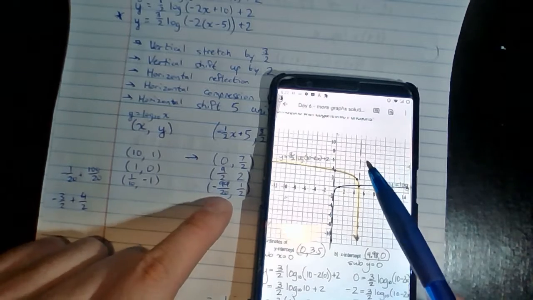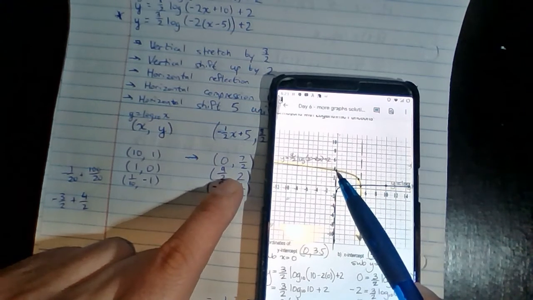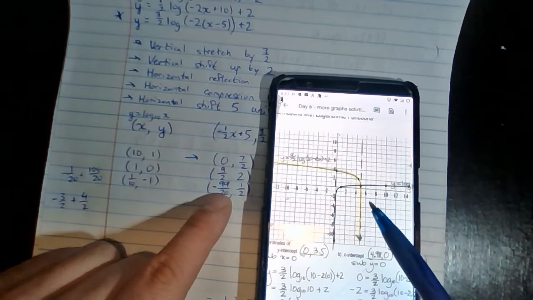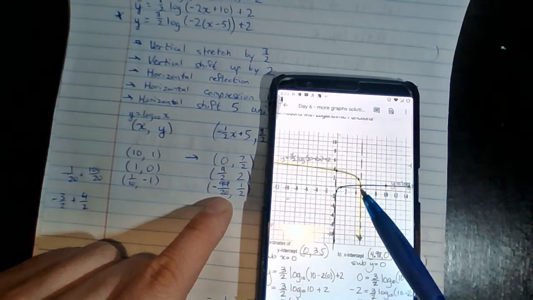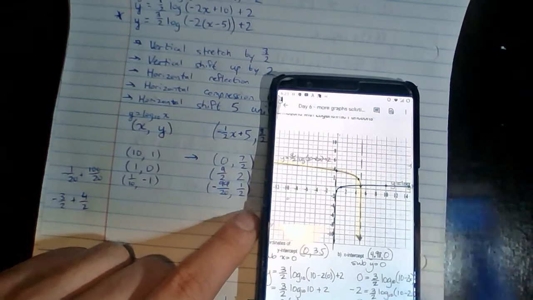And our other 3 points, if we plot those, 0, 7 over 2, right, okay, so they did plot them correctly. 0, 7 over 2, 9 over 2 to negative 99/20ths, so just less than 5.5. We get these 3 points here.